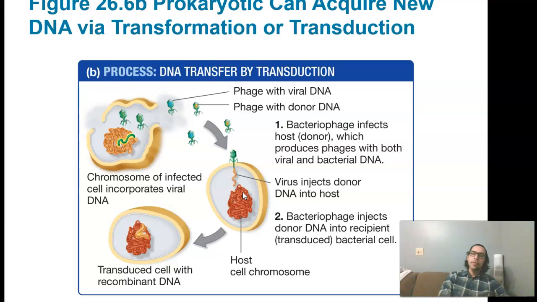The next one is DNA transfer by transduction. This one involves viruses. So we have a bacterial phage, which is the virus that infects the host. Then it produces phages with both viral and bacterial DNA, and then it infects the new host.